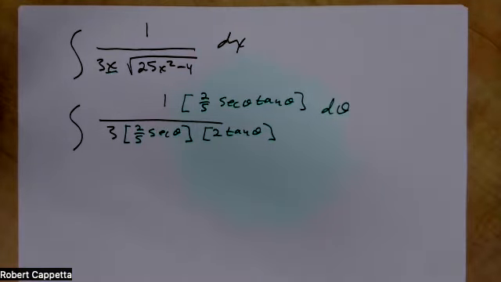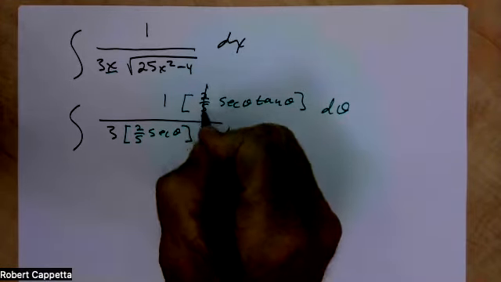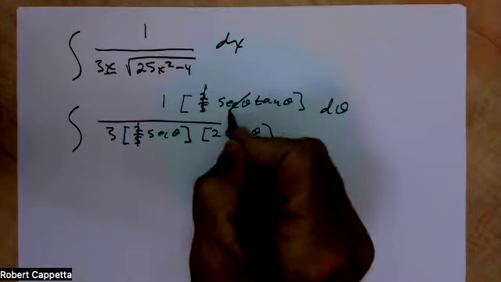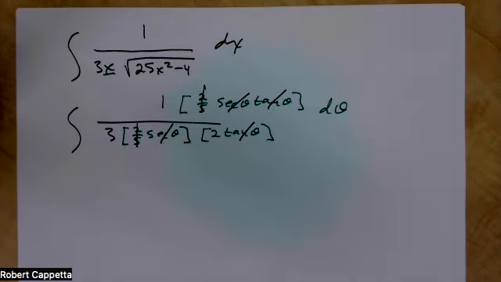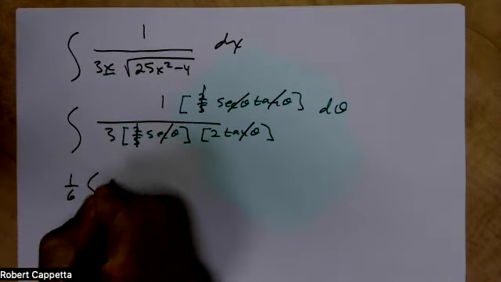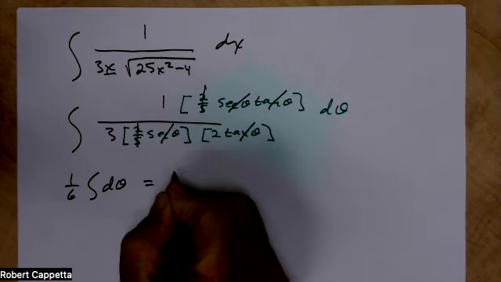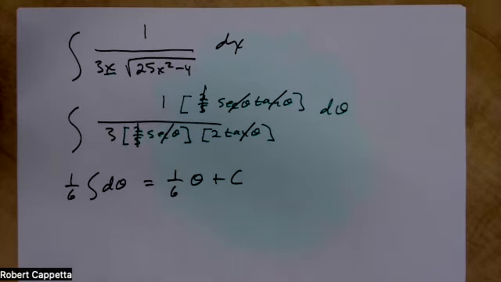And look how nice things divide out here. 2/5 over 2/5 gone. Sec theta over sec theta gone. Tan theta over tan theta gone. What's left downstairs? 3 times 2, 6. What's left upstairs? 1. So we get 1/6 integral of d theta, which is 1/6 of theta plus c.